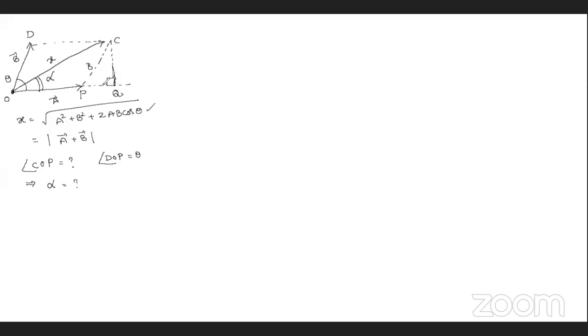Anyone remember? So PQ is B cos theta, CQ is B sin theta. Very good, Lakshmi Gayatri. CQ is B sin theta, and PQ is B cos theta. Yes, sir.